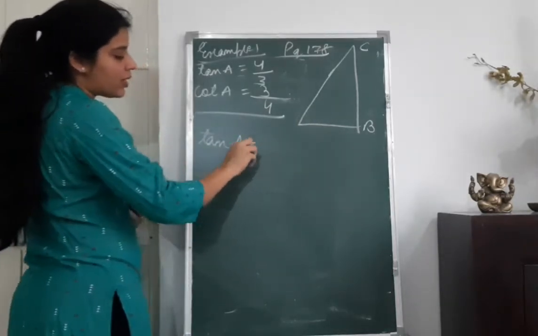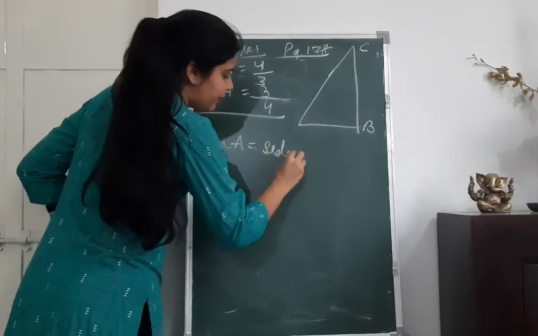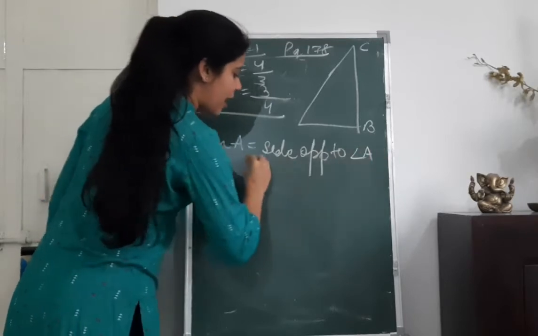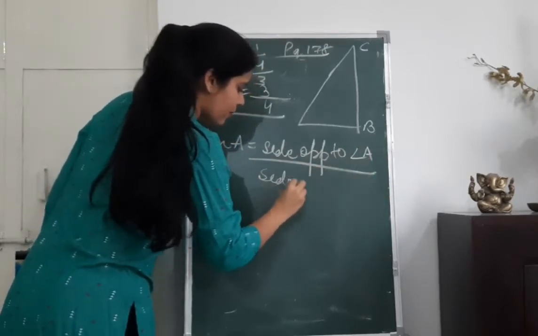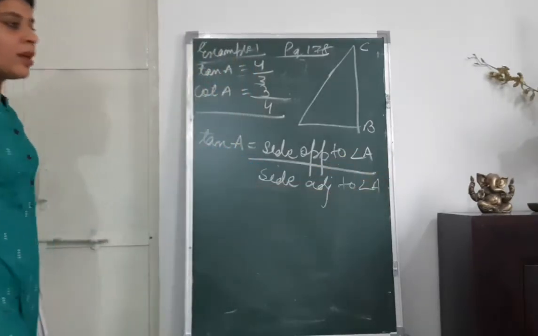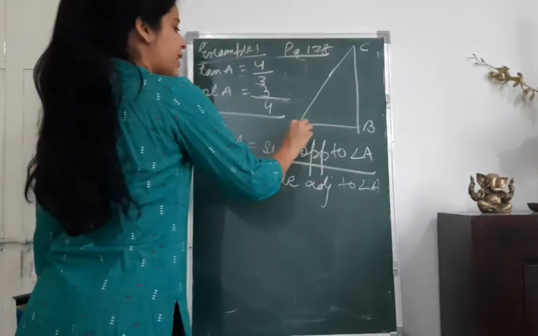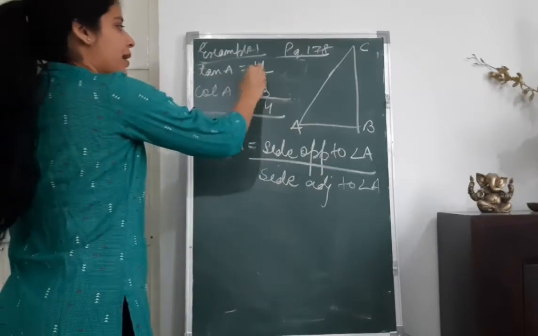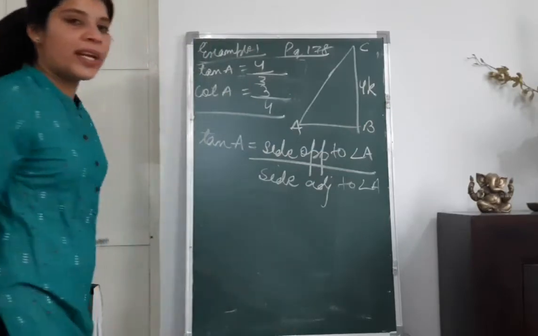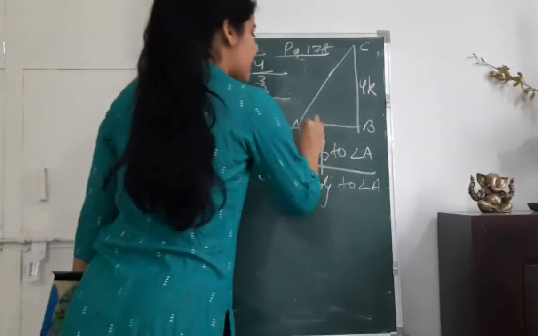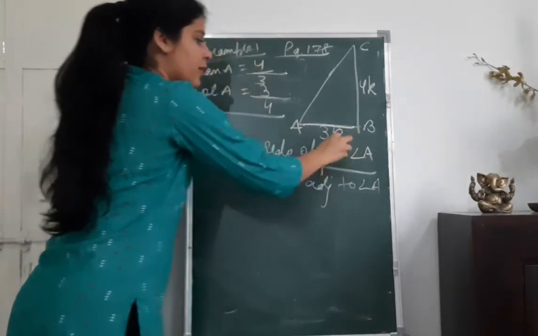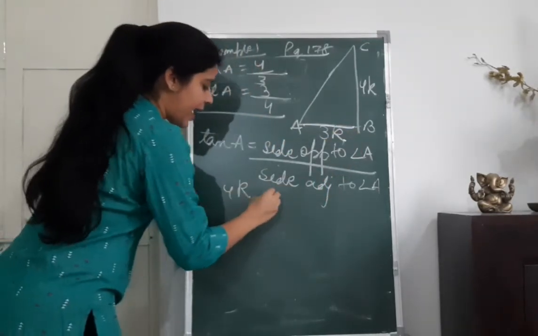Tan A is equals to nothing but side opposite to angle A upon side adjacent to angle A, right? So can I say the side opposite to angle A is going to be equal to 4K, and side adjacent to angle A is going to be equal to 3K?